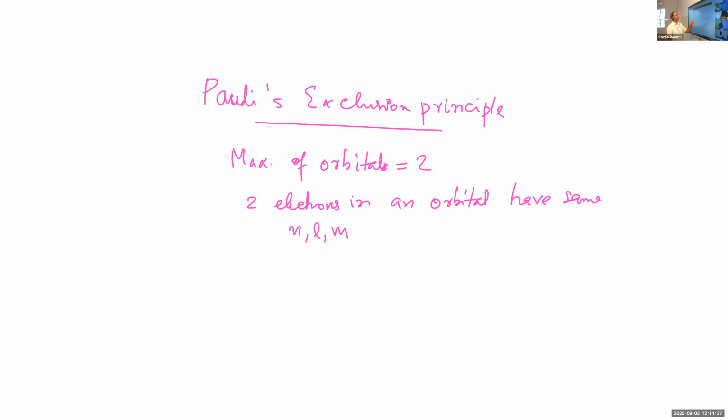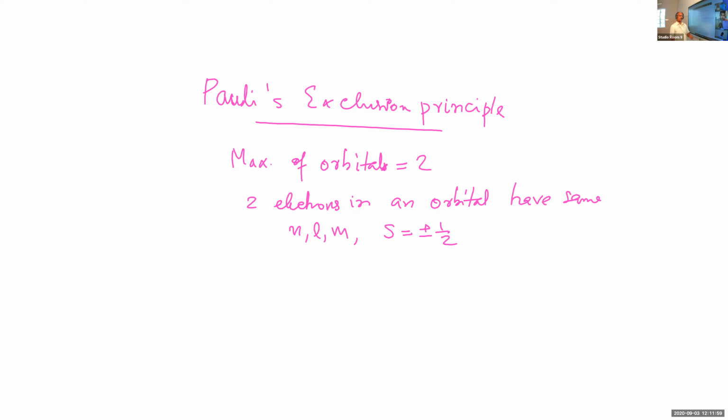And what about the electrons? The spin quantum numbers will be different. The spin quantum number s, or ms, will be either plus half or minus half. 2 values are possible.